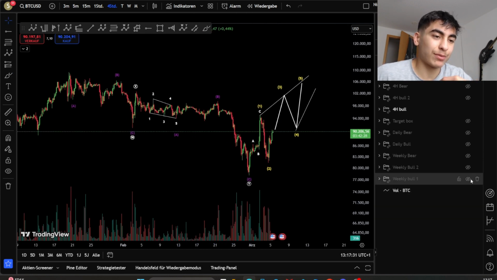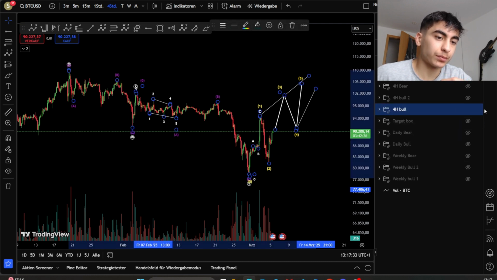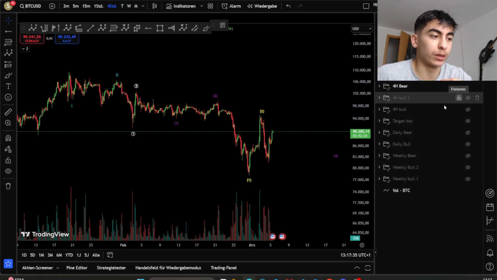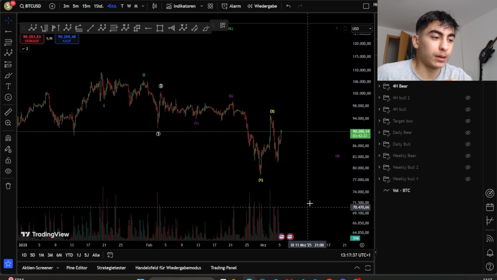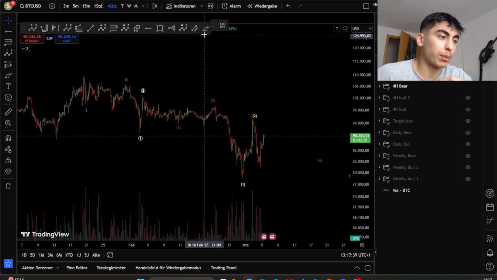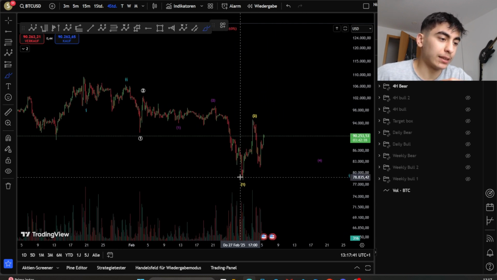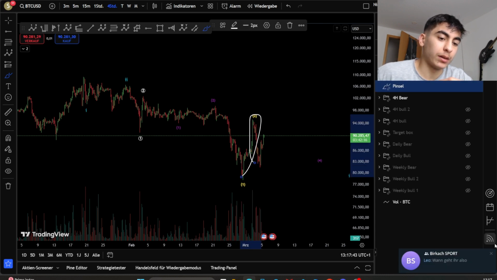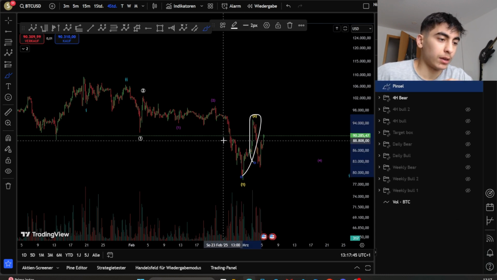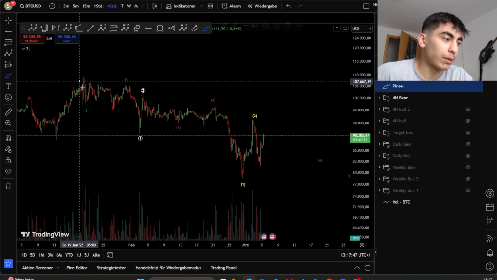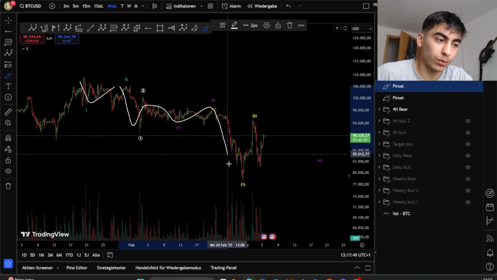Now, as for the bearish scenarios, you pretty much only have this multi-1-2, which became even less probable than before, as we had this move to the upside, and this cannot be a wave 4, which means we have to count this as wave 1, 2, 1, 2, 1, 2.